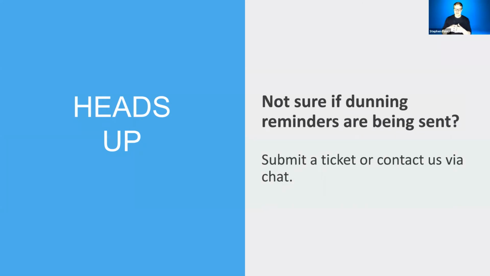So there's in fact a switch that we may need to turn on for you to allow dunning reminders to actually be sent, even though they may be configured and look like they're ready to go. If we haven't turned our toggle on, they won't go. Once again, that was just a protection to make sure that we weren't sending those out when you didn't want to send those out. So just get in touch with us. We can quickly turn that on right in a chat session, or if you submit a ticket to us.